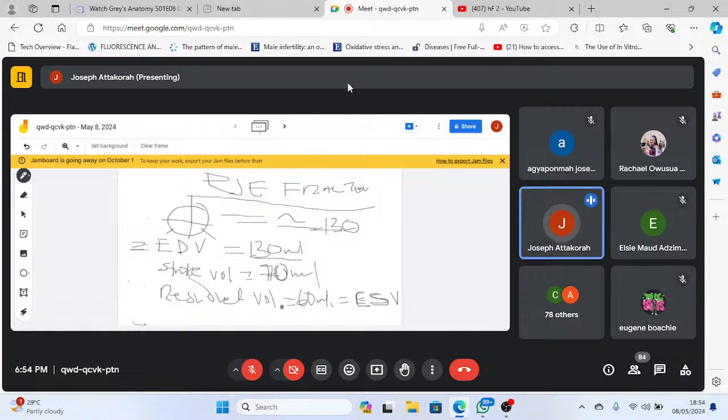When you take the stroke volume, the residual volume, and the end diastolic volume, you see that more than half of the blood is ejected.